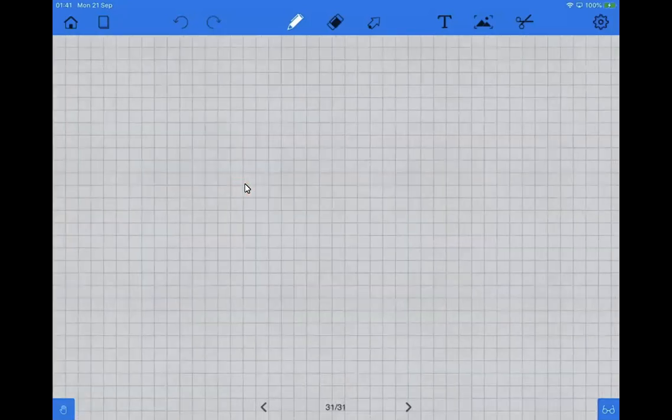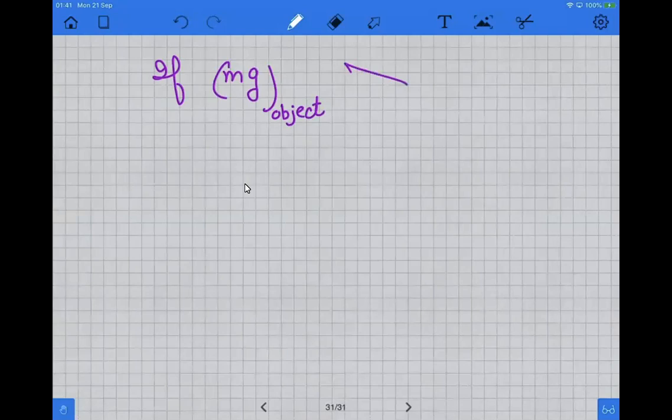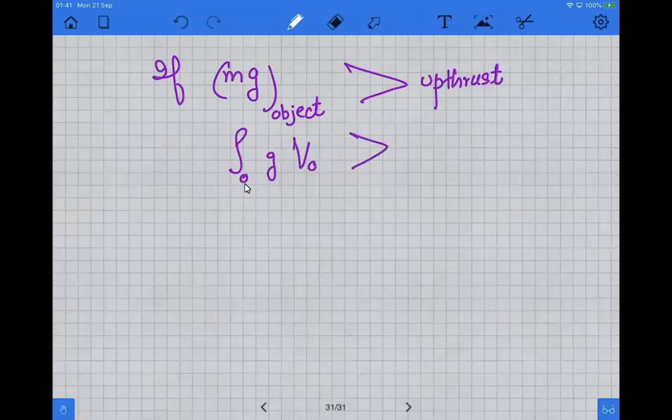For example, if we get a situation where mg of the object is greater than the upthrust, which will give us density of the object, g into volume of the object is greater than density of the liquid into g into volume of the object.